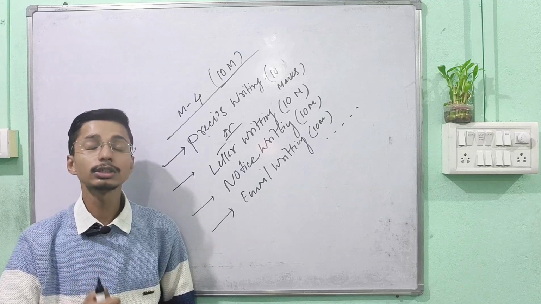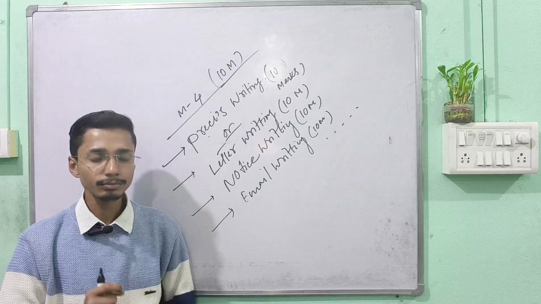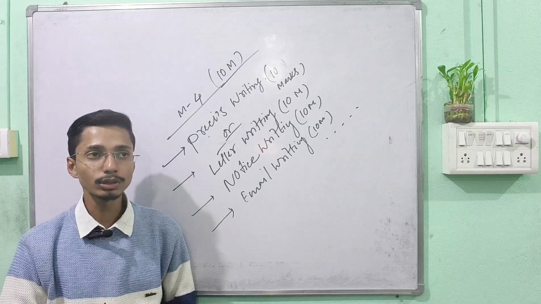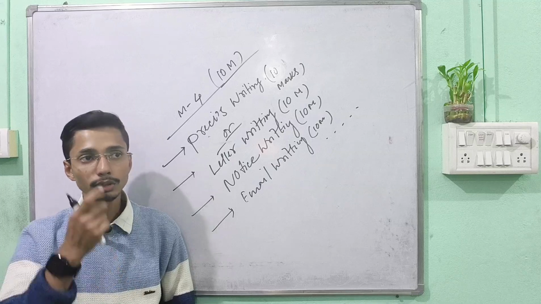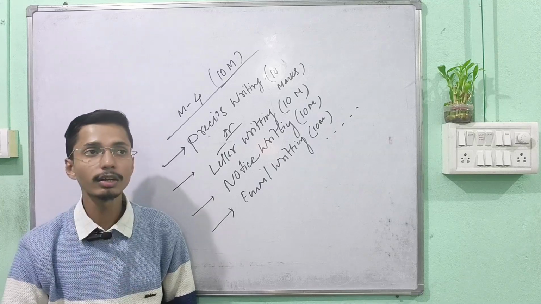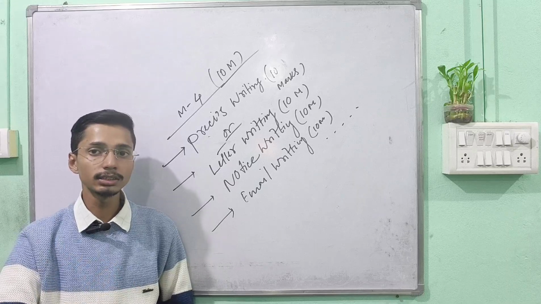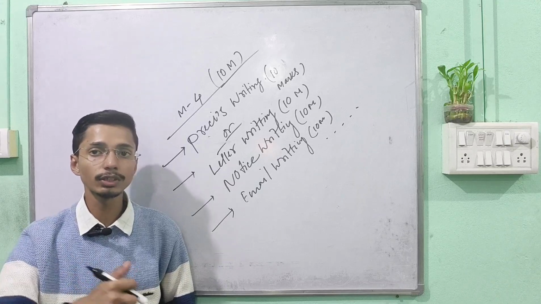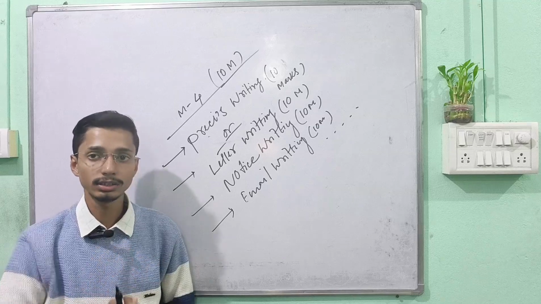Okay, you have to summarize it. Suppose you have a question of precis writing, and a 300 word unseen passage is given. You have to reduce the size of this unseen passage to 100 words.